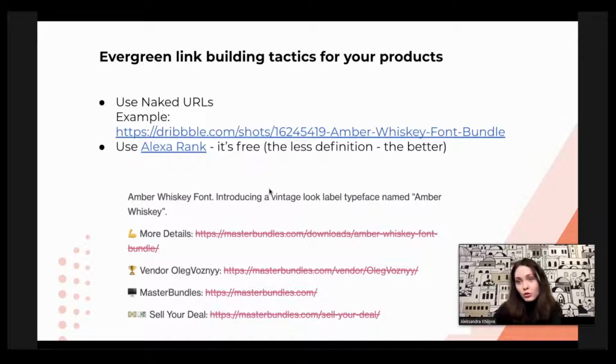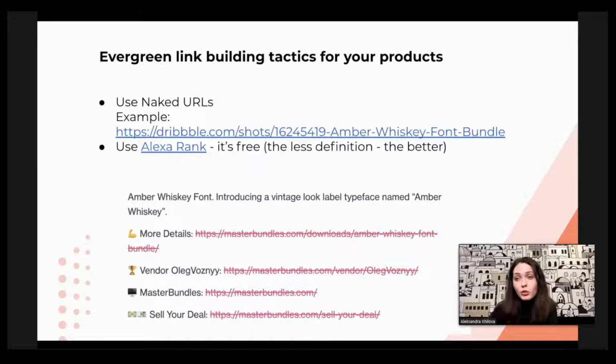And if you want to start building links, you can use Alexa Rank. It's also totally free to check how authoritative a website is where you want to leave a link.